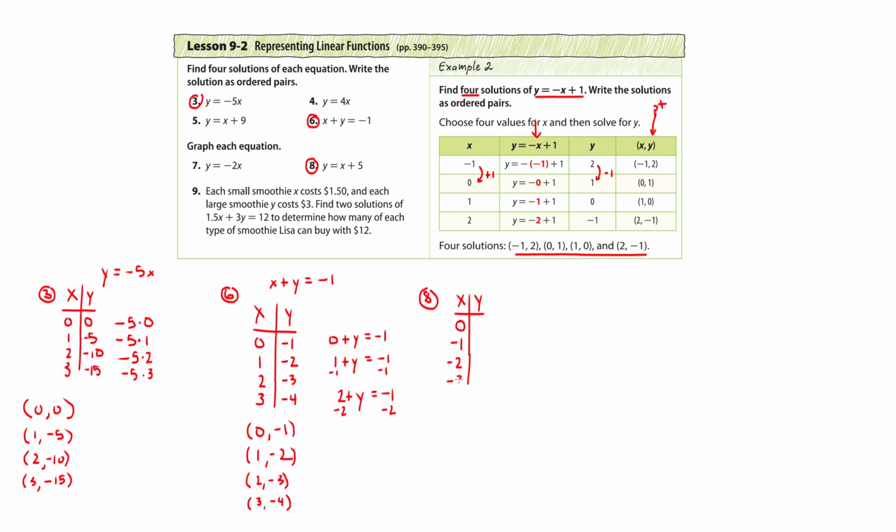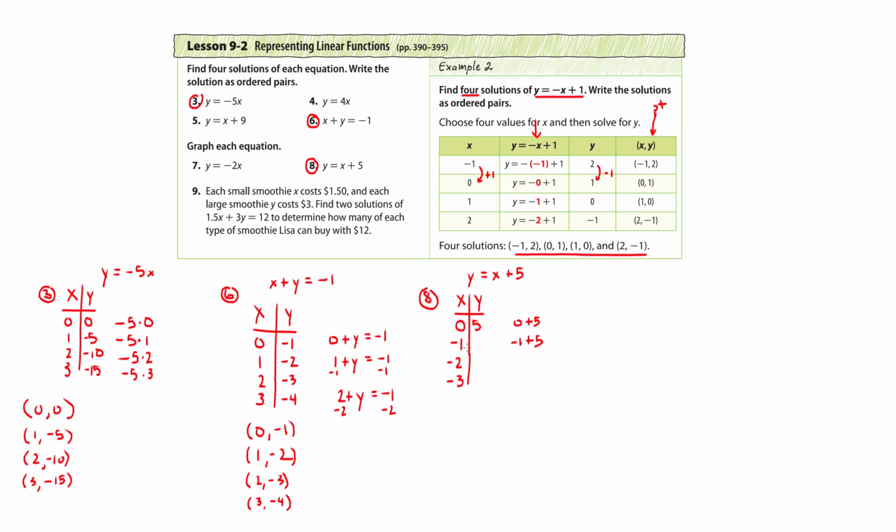So I don't want them to get out of hand because I'm going to have to sketch a little graph here. So I'm going to go 0 plus 5, and I hope that's not too challenging. That's going to be 5. Then we'll have -1 plus 5. And so I'm just using this equation, y equals x plus 5, and I'm replacing the x with the number that I chose.